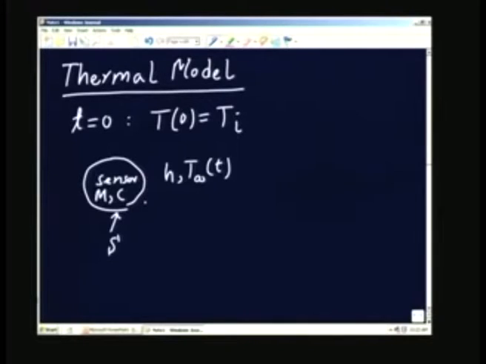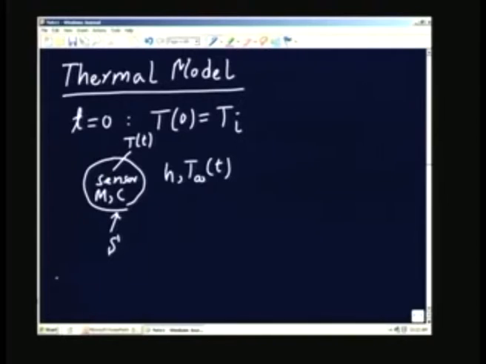So, let us look at the way the temperature of the sensor is going to vary. So, this is your T subscript c at time t throughout. I am assuming that it is uniformly the same temperature throughout that object. Let us look at the rate of change of the temperature of the system.